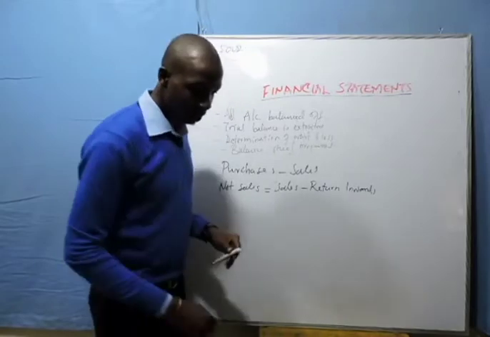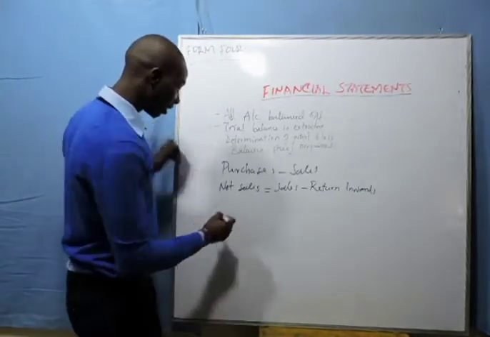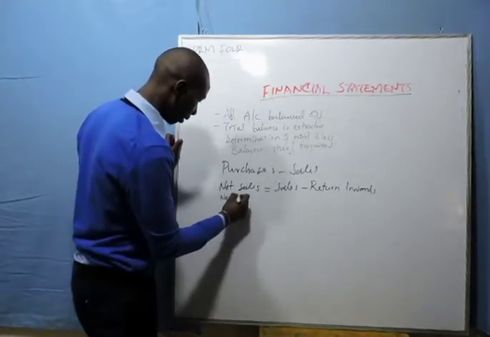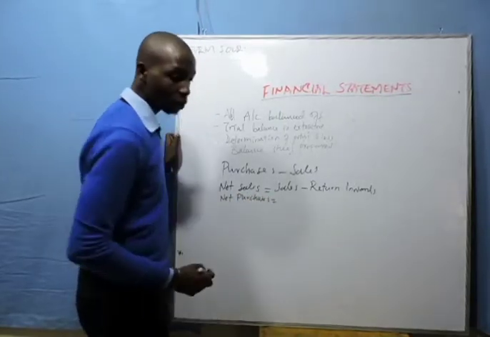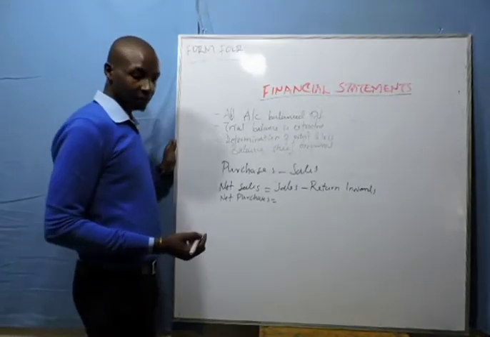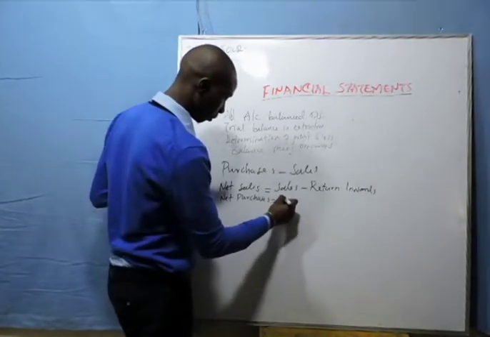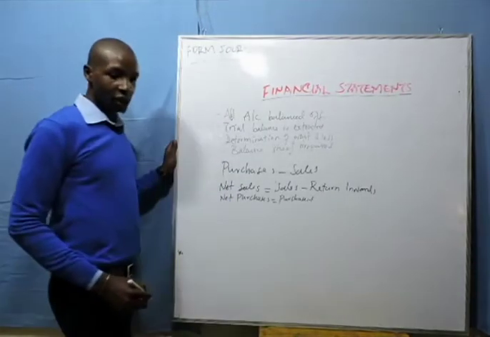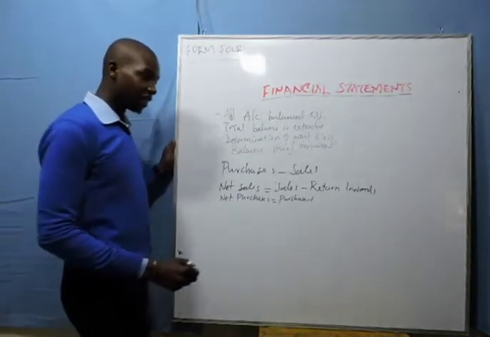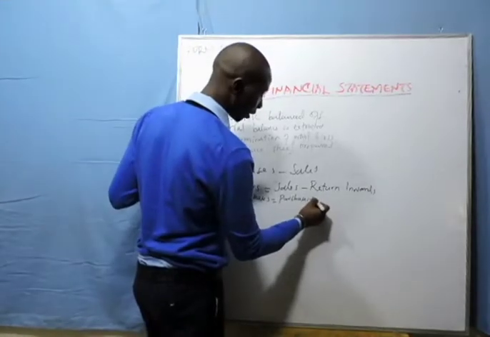We also have net purchases, which is equal to total purchases plus what we call carriage inwards, that is the cost of transportation.